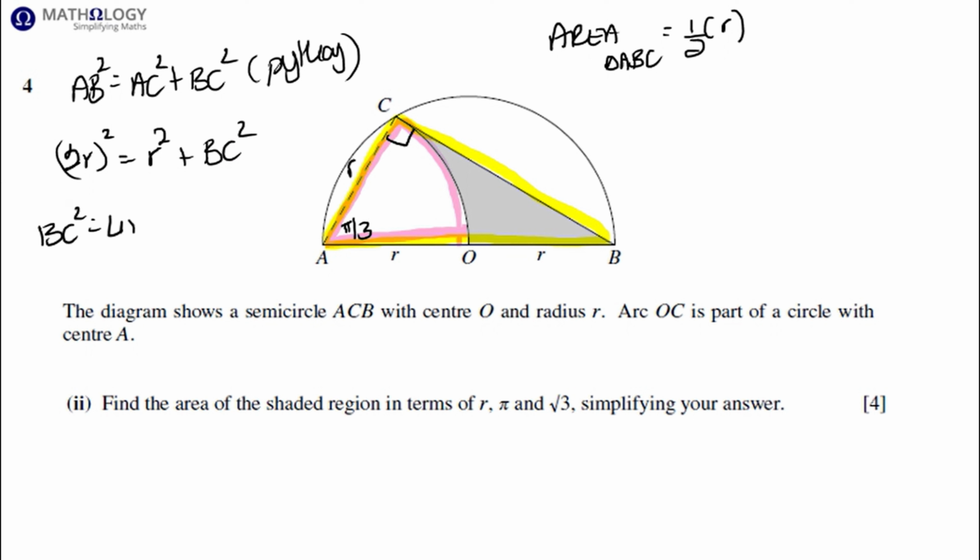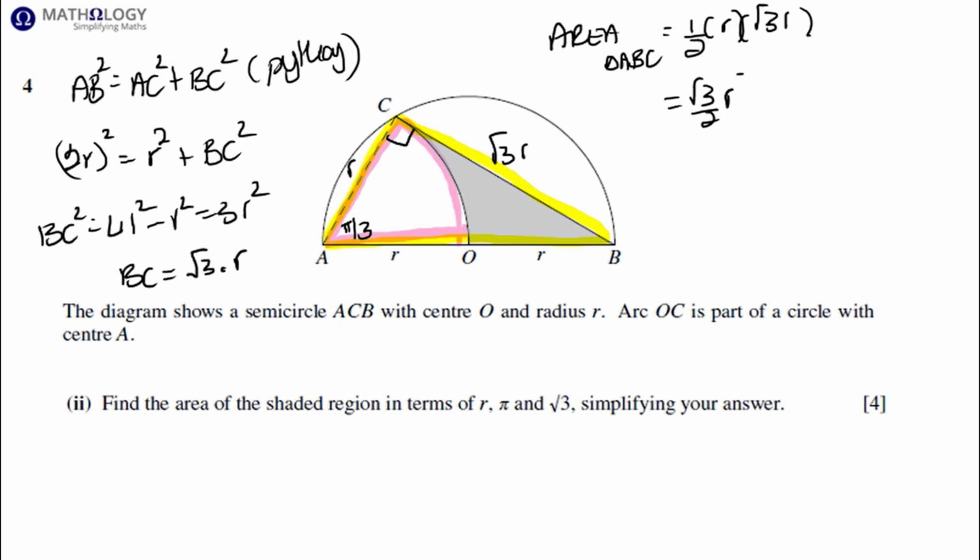BC squared equals 4R squared minus R squared, which is 3R squared. BC is therefore root 3 times R. So the area of triangle ABC is a half R times root 3R, and that equals root 3 over 2 R squared.